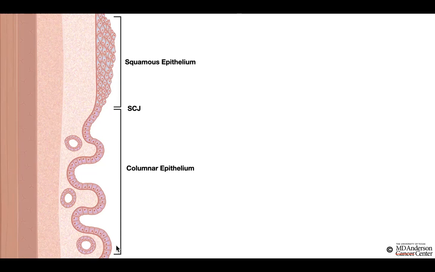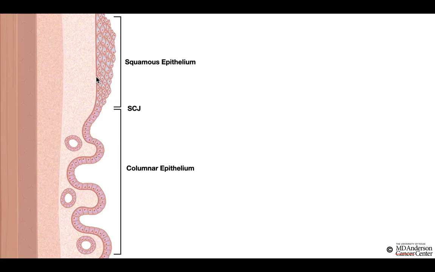And if you look at the columnar epithelium, it is a single layer of columns of cells, rectangular cells. And as the stomach lining joins the esophageal lining and becomes the squamous lining, the squamous epithelium is not single layered.